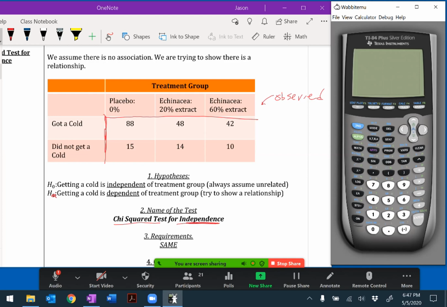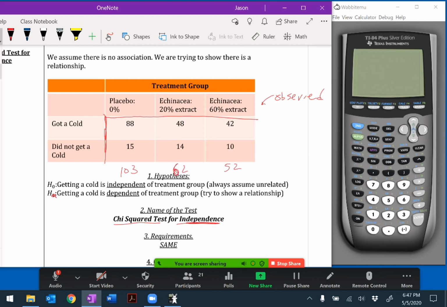The number of people who got the placebo was 85 plus 15, which is 103. The number of people who got the echinacea 20% is 48 plus 14, which is 62. The number of people who got the 60% echinacea is 42 plus 10, which is 52.